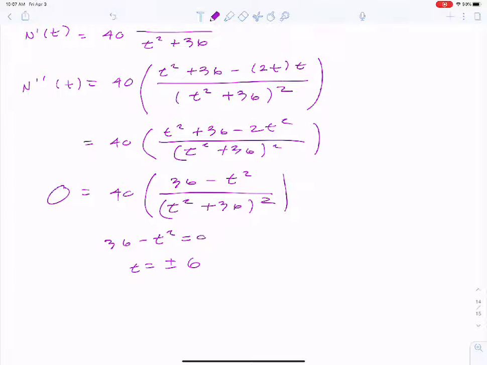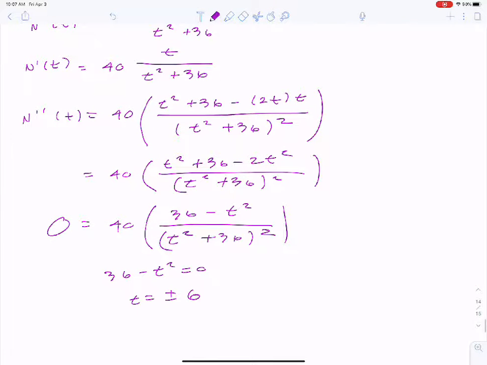Okay, so from there, I'm then going to make a sign chart where I have -6 and +6. And remember, when I plug in values, I'll plug in like -5 or whatever, they're going to go into this. Let's see if I can do that really quickly. I might need a calculator, but let's see if I can do it without one.